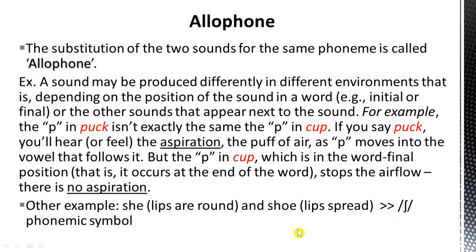The phoneme symbol of see and shoe can be s. So this can be another example of allophones, the substitution of two sounds for the same phoneme, and the same phoneme of the second example is s.